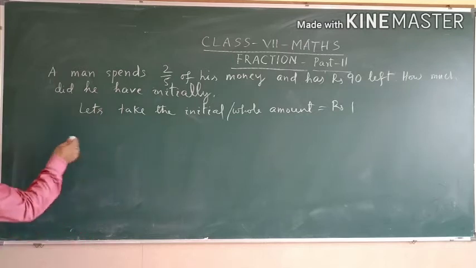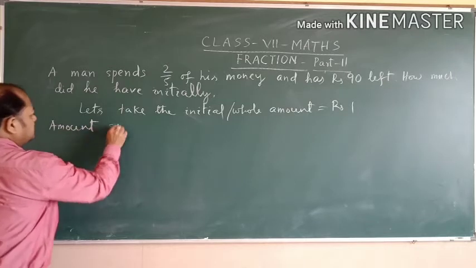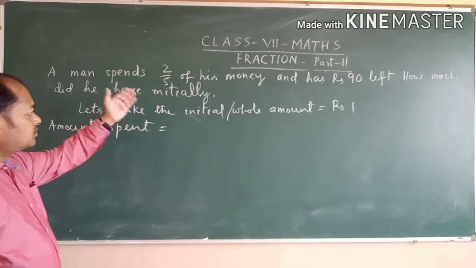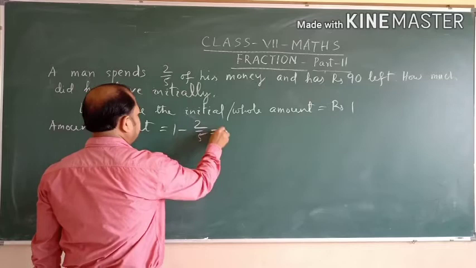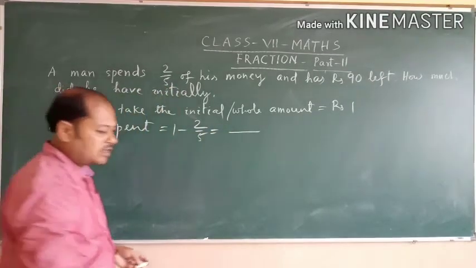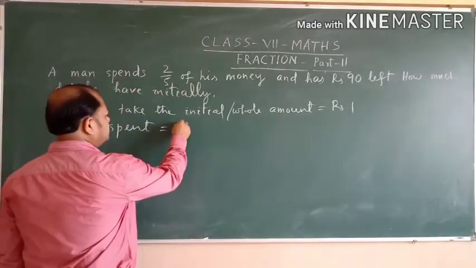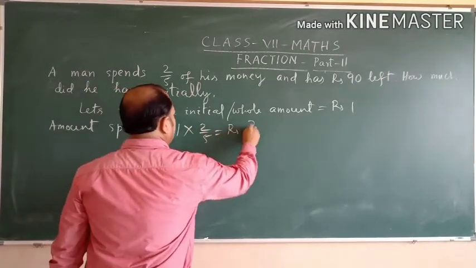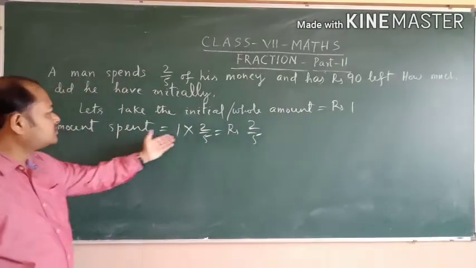So the amount spent equals 2 by 5 of the whole amount. That means the whole amount is 1, and "of" means multiply, into 2 by 5. That is rupees 2 upon 5. So here we see that one fraction we got: the amount spent is 2 upon 5.